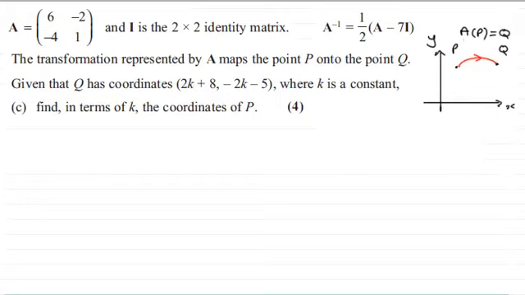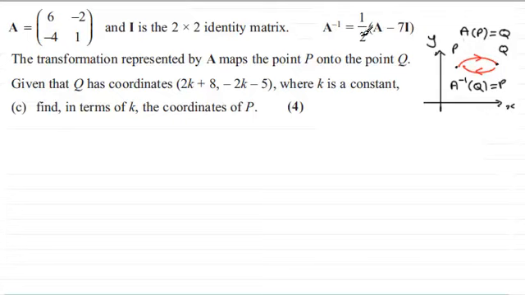Now what I want to do is go from Q back to P. So if I want to go from Q back to P, then this means that the inverse of A operated on Q should equal P. And this is why we can use this result up here.